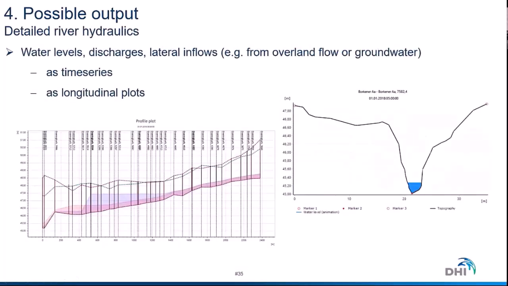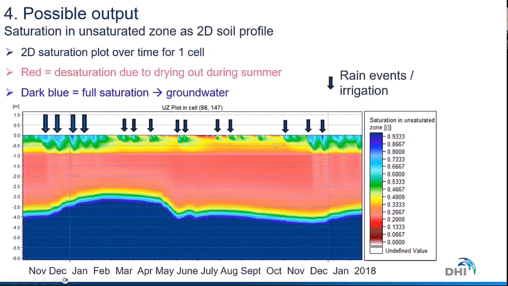You can make nice plots within MIKE+, showing longitudinal profile plots, cross-section plots, and time-varying water tables. And you can make really nice plots of the unsaturated zone. What you see here is, for one certain cell, the vertical saturation in the unsaturated zone.